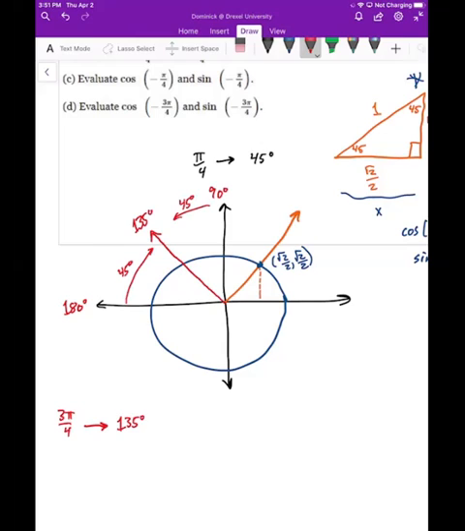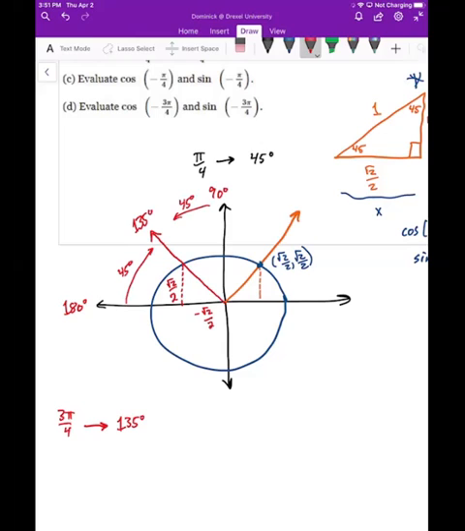If you subtract 45 from 180, you get 135, or if you add it to 90, you also get 135. So I'm going to have the same triangle here, but the only difference is that now this is a negative square root of 2 over 2, and this is still positive square root of 2 over 2.